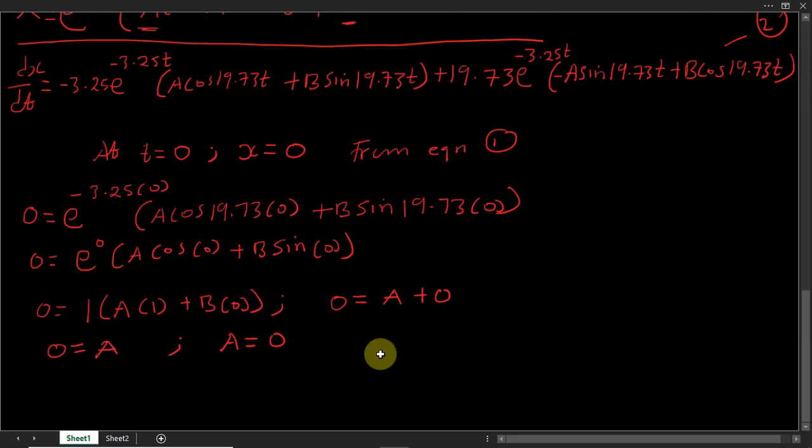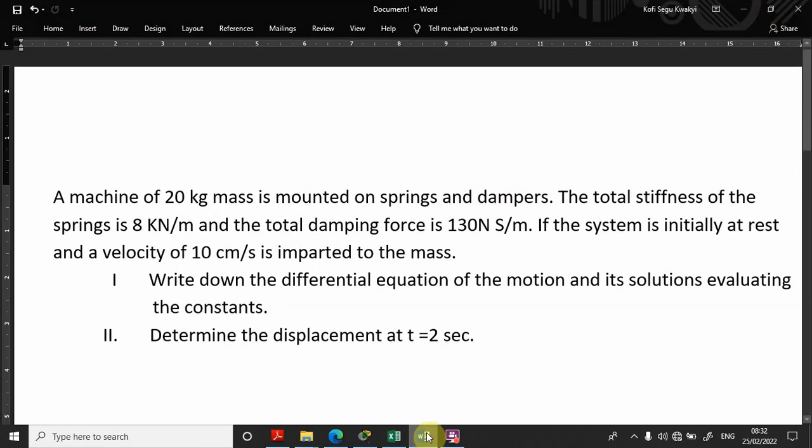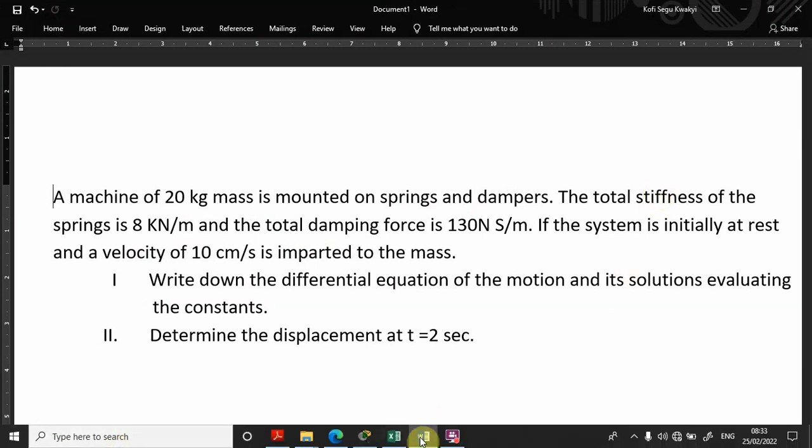Now we have to evaluate the second constant, b. Then we are done with the work. Now from the question, the initial condition is that initially at rest, our velocity was 10 centimeters per second, which is 0.1 meters per second.